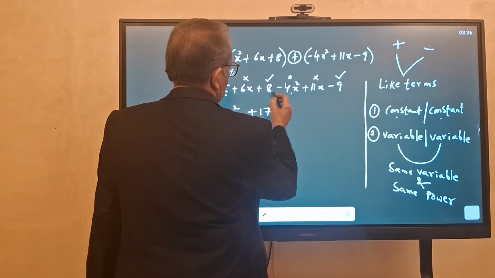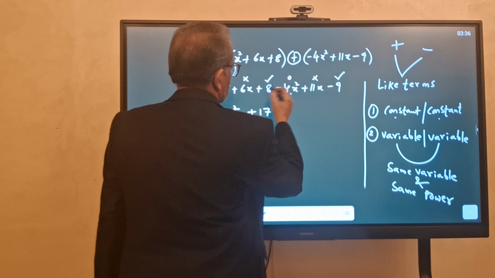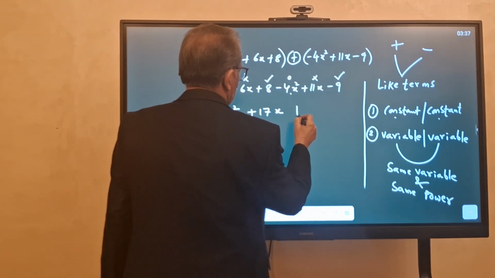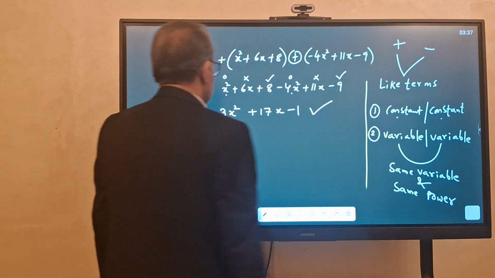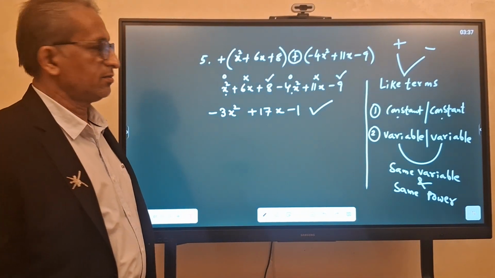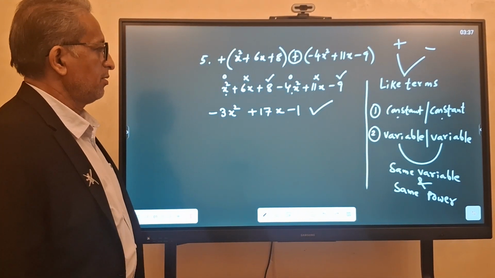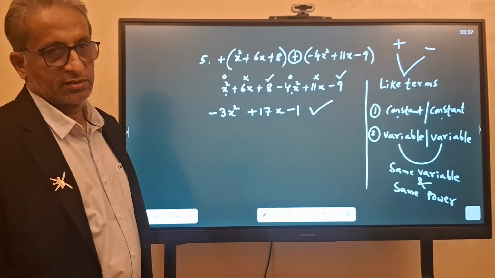Coming to the last, 8 and 9, they are opposite sign, 9 minus 8, 1, the bigger number sign is minus, so it is minus 1. So minus 3x square plus 17x minus 1 is the answer.